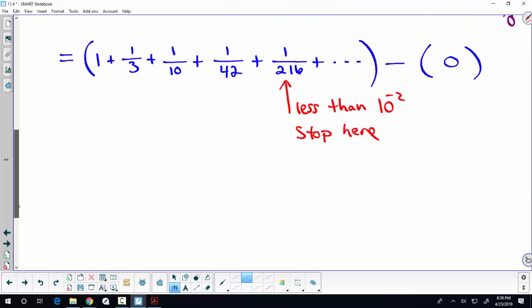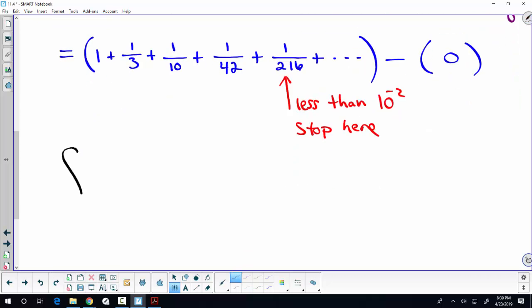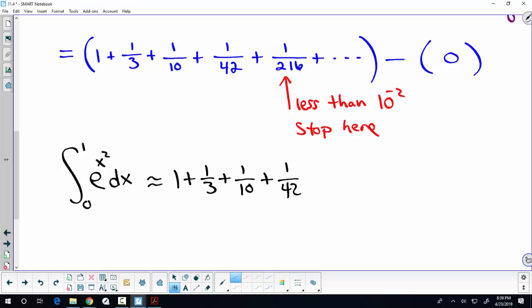And then what we're saying is that the integral from 0 to 1 of e to the x squared with respect to x is approximately 1 plus a third plus a tenth plus a 42nd plus 1 over 216, within the specified error.